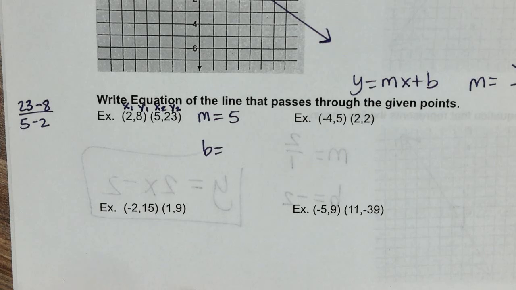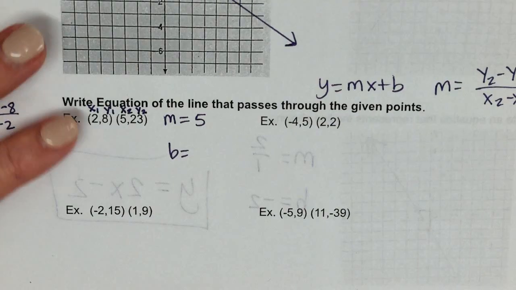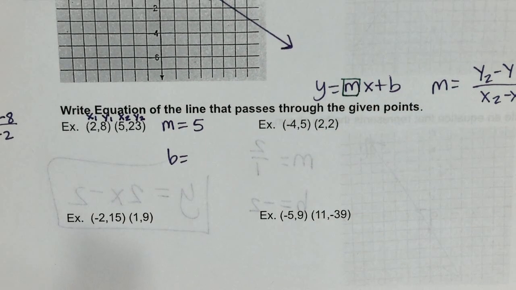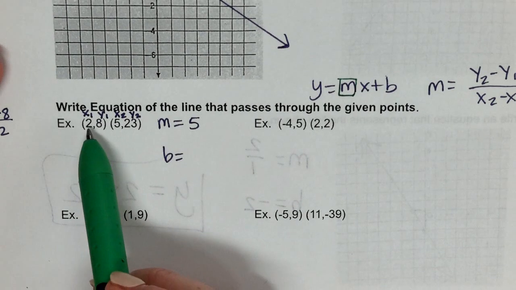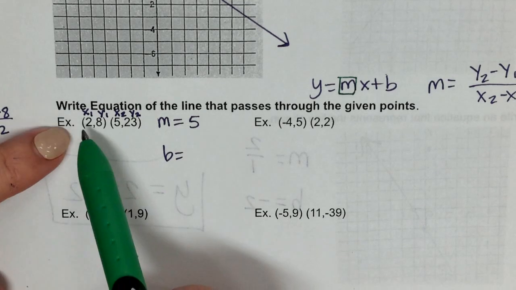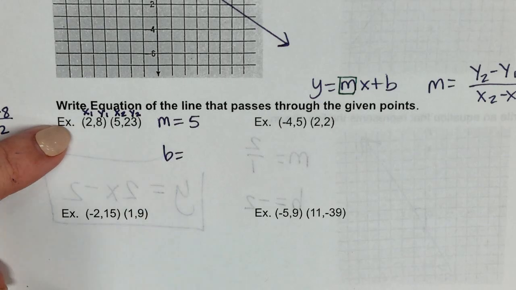You already know. So we now know this piece, yes? Because we just solved for it. Yes or no? Do we also have an x and a y that fall on this line? We have two of them. We have this x and this y, and we have this x and this y.